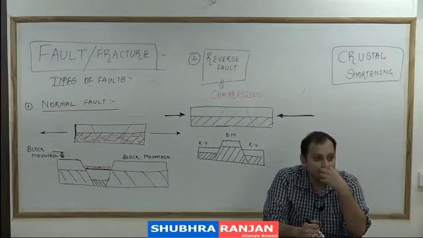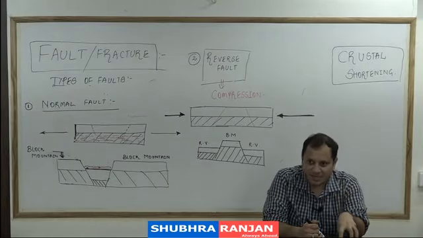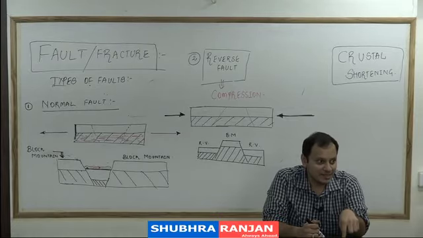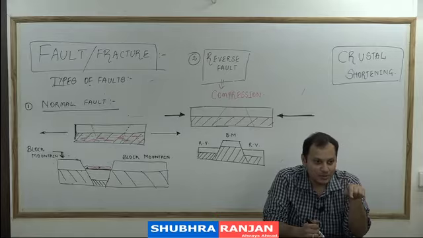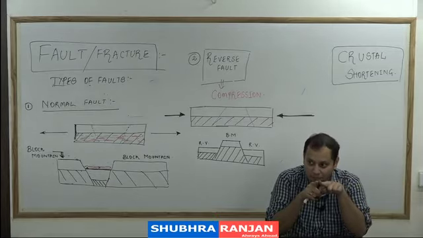So we also can make faults. In fact, USA में regularly fault बनाए जाते हैं in the San Andreas region और उसके अंदर oil डाला जाता है. Why? So that the plate keeps on moving and छोटे छोटे earthquake आते रहे.